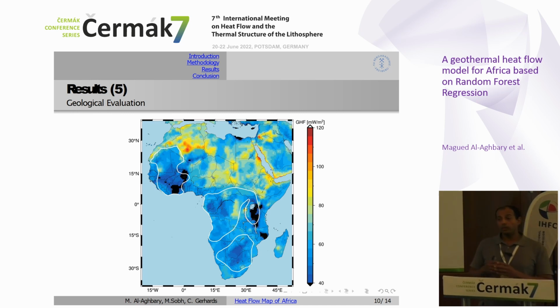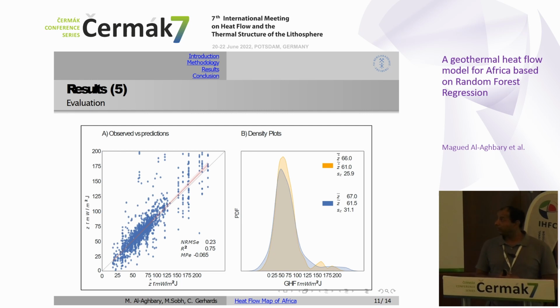Now, how can we evaluate those values? On your left, you will find the scatter plot of the observed values against the prediction, and the normalized root mean square error is 0.23.